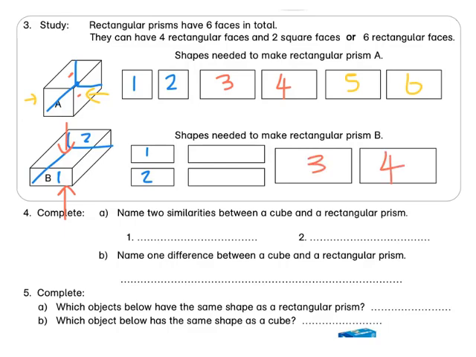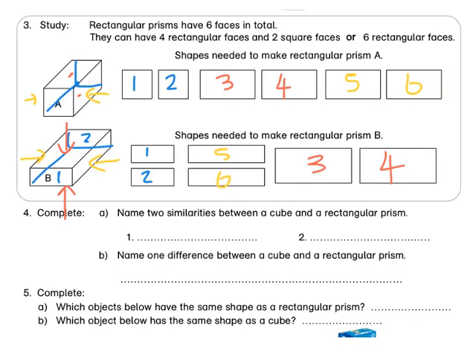Then on the sides, we've got these smaller rectangles, and this is 5 and 6. So in this case, the rectangular prism is made up of only rectangles. This one is made up of 2 squares and 4 rectangles.